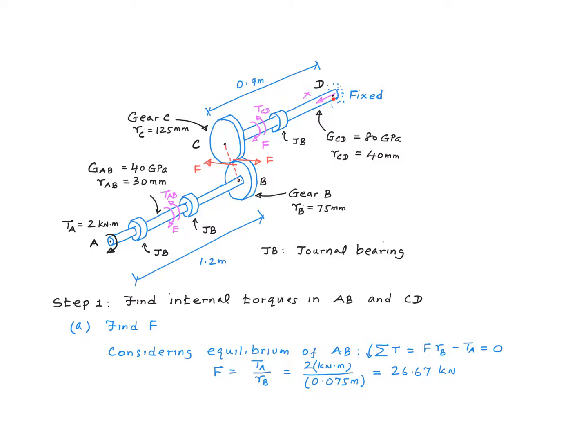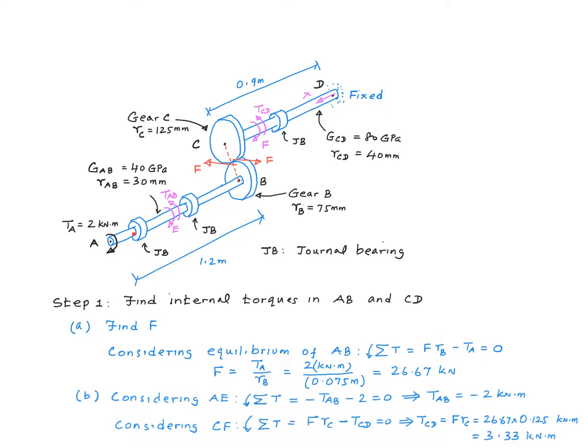And I'm going to do the same thing at point F for shaft CD. Now considering the torque equilibrium of AE, I get a value of minus 2 kilonewton meter for TAB, and considering the torque equilibrium of CF, I get a value of 3.33 kilonewton meter for TCD.